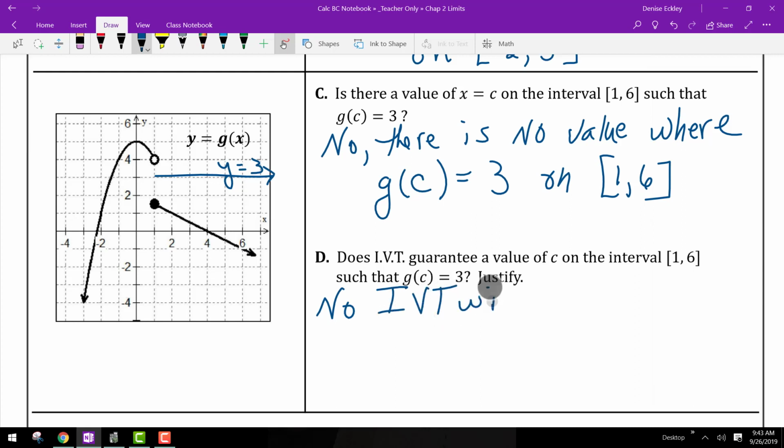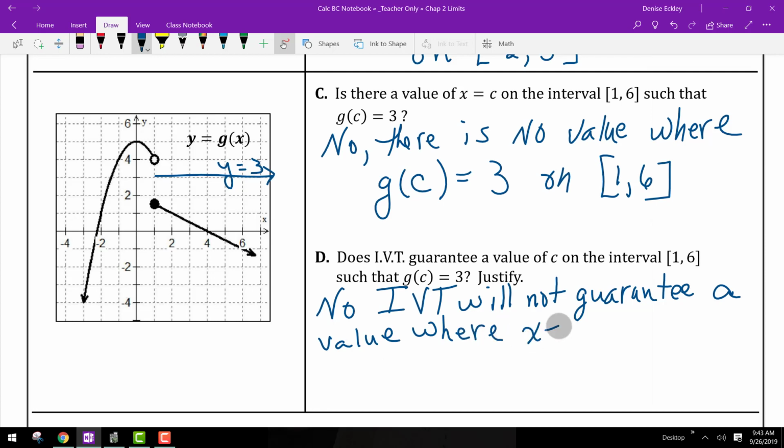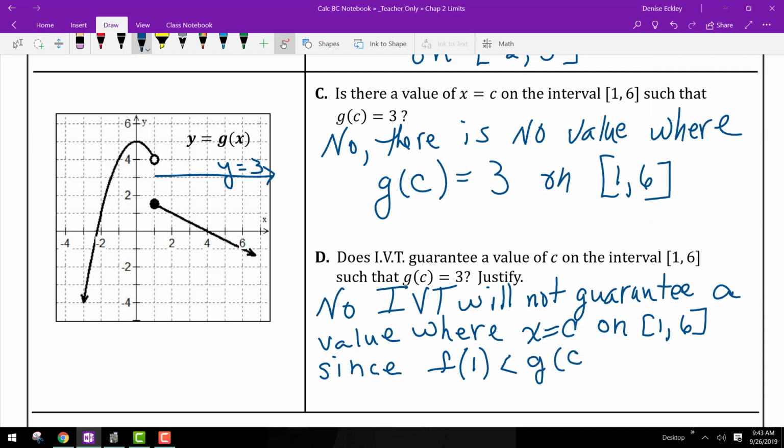The IVT will not guarantee a value where x equals c on the interval, since f of 1, which is the first value, should be less than g of c, which should be less than f of 6, or vice versa, depending on which direction the function is headed.